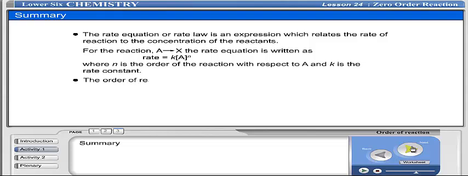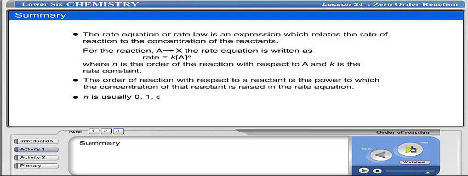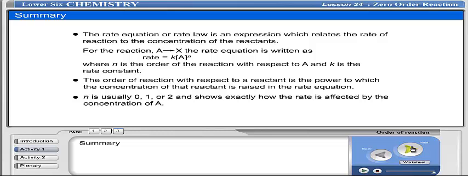The order of reaction with respect to a reactant is the power to which the concentration of that reactant is raised in the rate equation. n is usually 0, 1, or 2 and shows exactly how the rate is affected by the concentration of A.